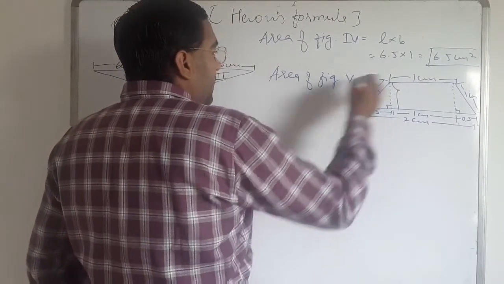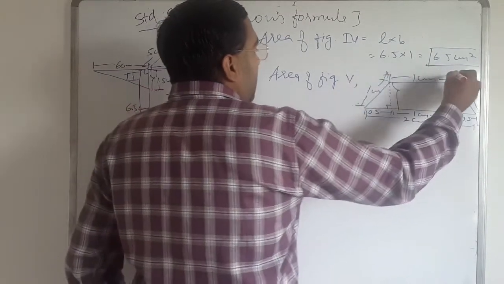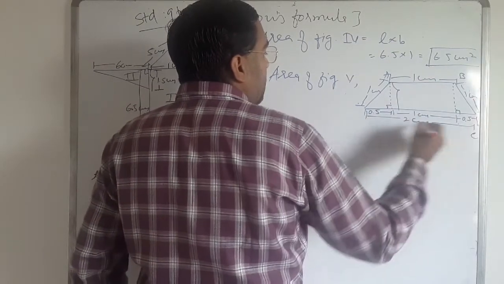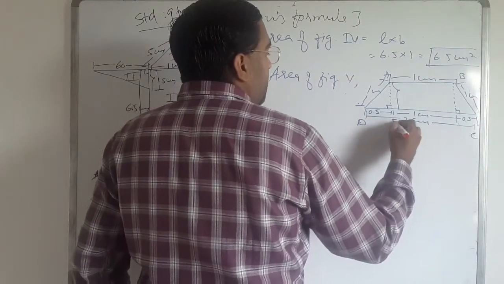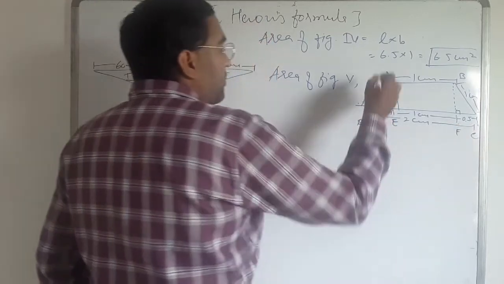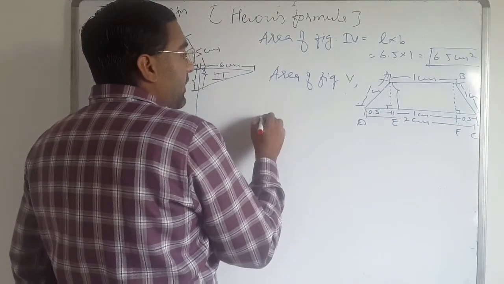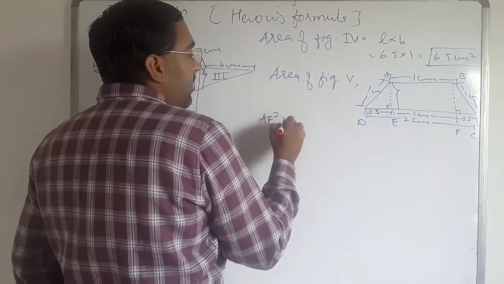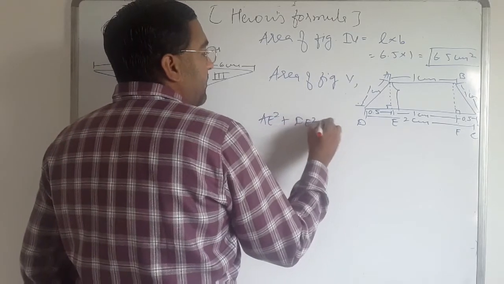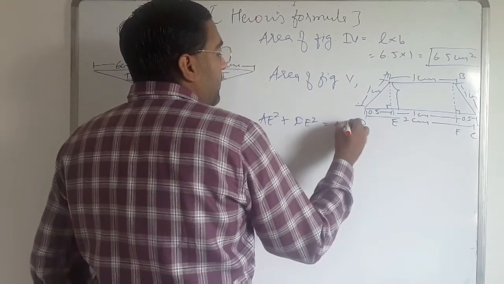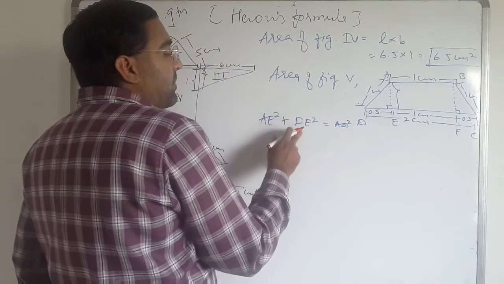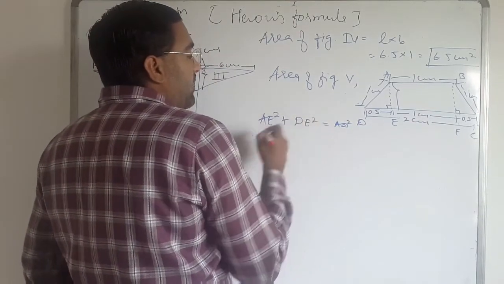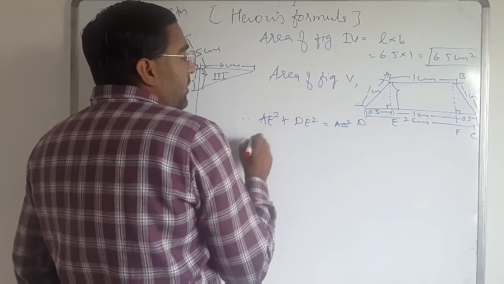I'll name the points A, B, C, D, E and F. For triangle ADE, AE square plus DE square equals AD square. That is, height square plus base square equals hypotenuse square. This is the Pythagoras formula.